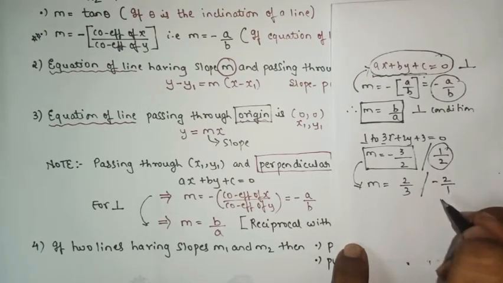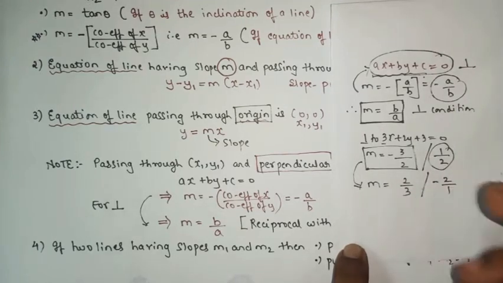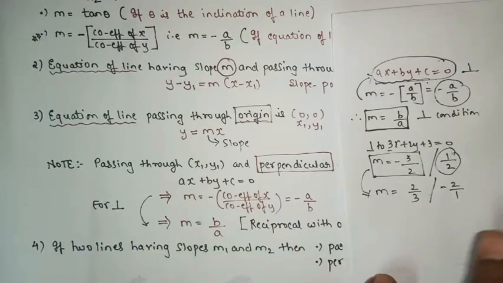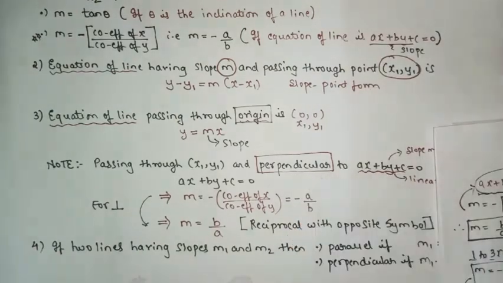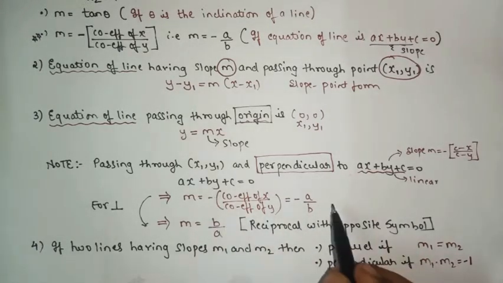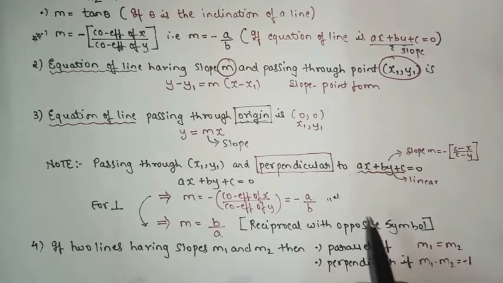Here it is plus, so you will write minus. In this way you will find the slope whenever a statement says it is perpendicular. To say it in simple language, in case 1, whenever you find a slope for a particular line, actually it is for a parallel.